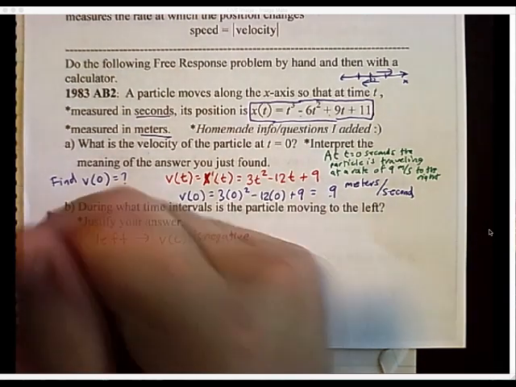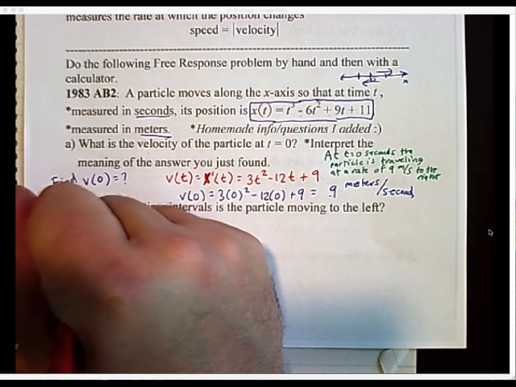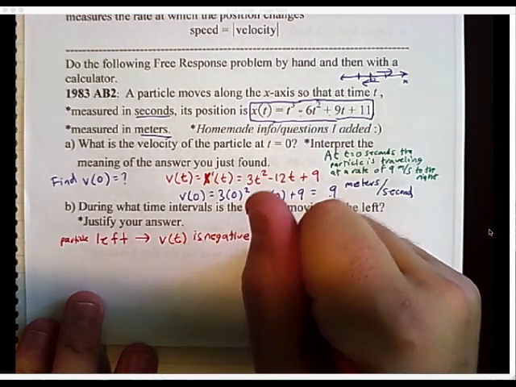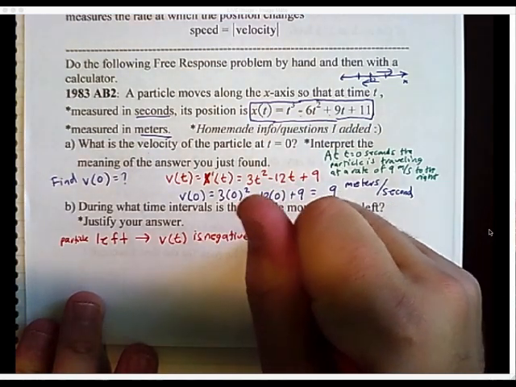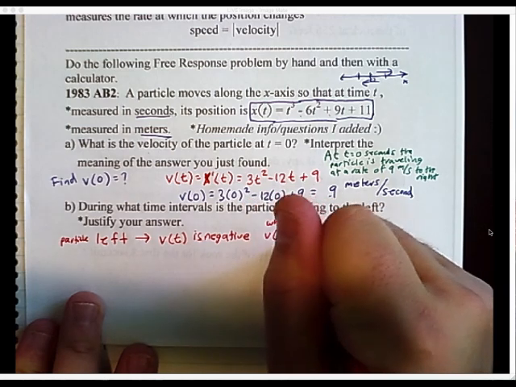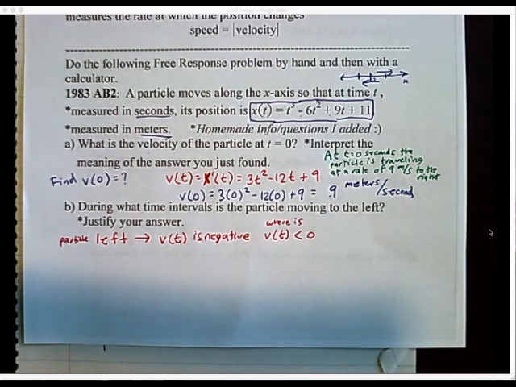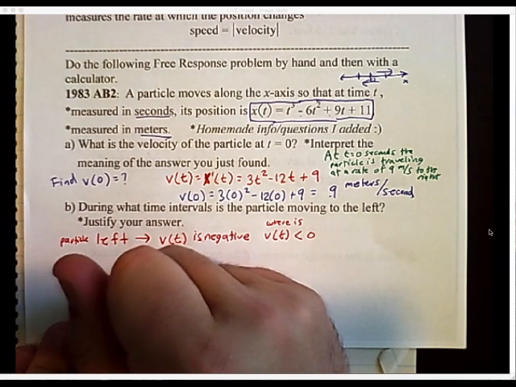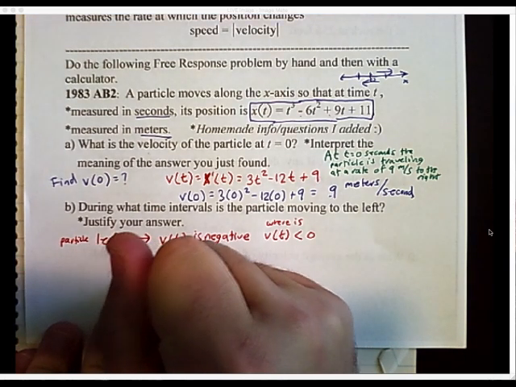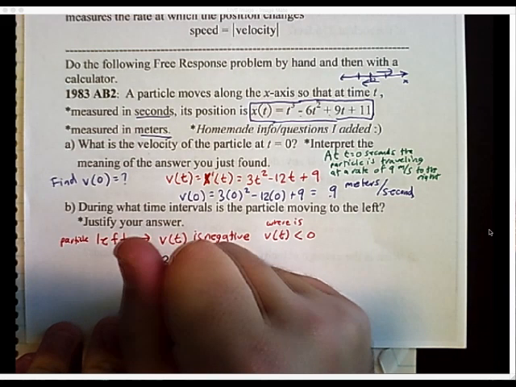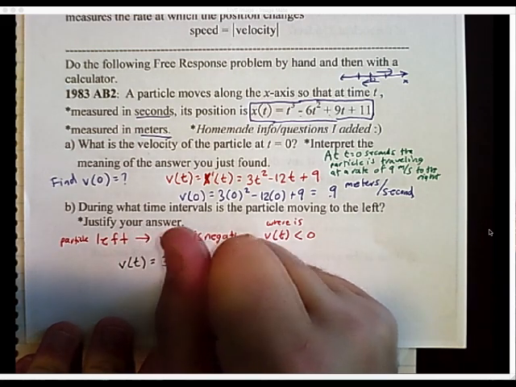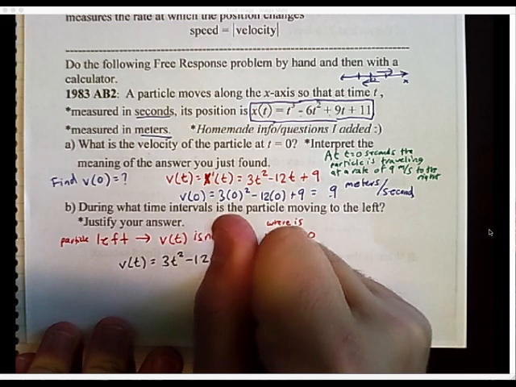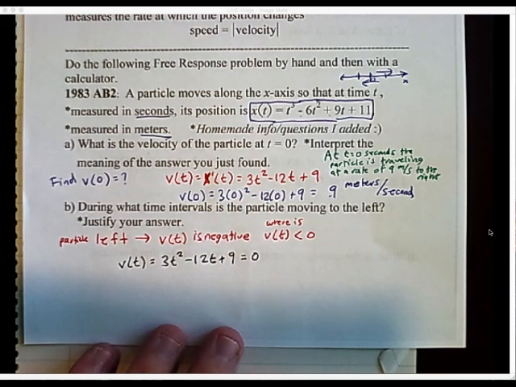We need to figure out where V of t is less than 0. The easiest way to go about this problem is to find out where it's 0 first. So let me copy the velocity equation. Let's set it equal to 0.